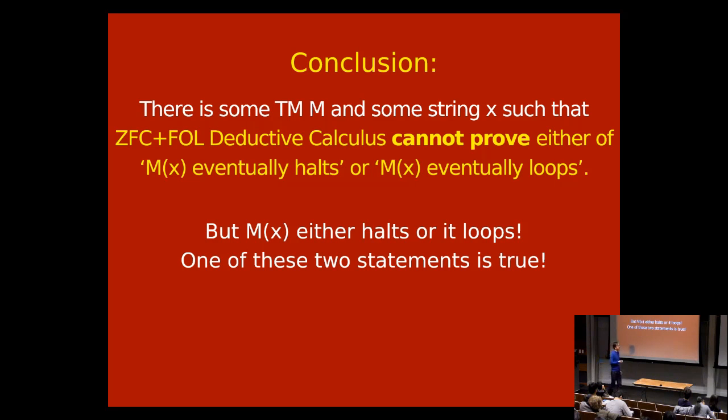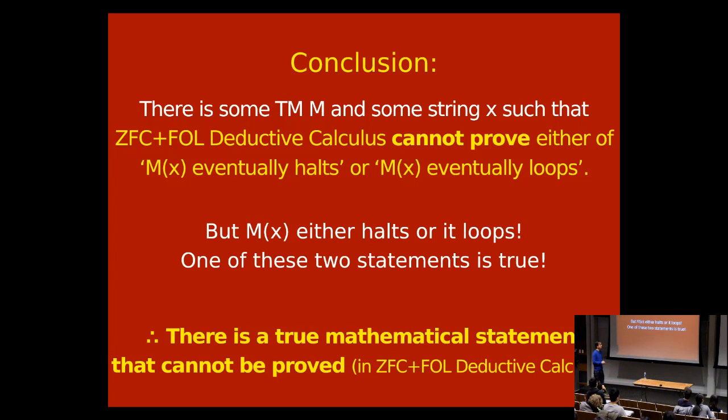One of these two statements is true, but whichever one it is, there's no proof of it in ZFC and deductive calculus. And that's basically Gödel's first incompleteness theorem. There is a true mathematical statement that cannot be proved. Well, it cannot be proved in this formal system, the axioms of ZFC plus the deductive calculus.